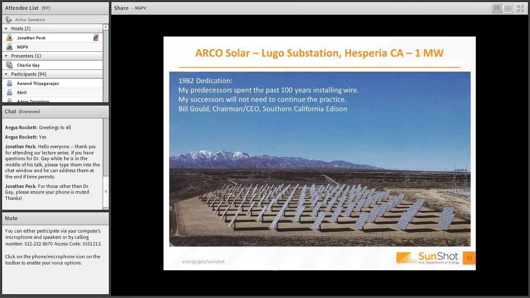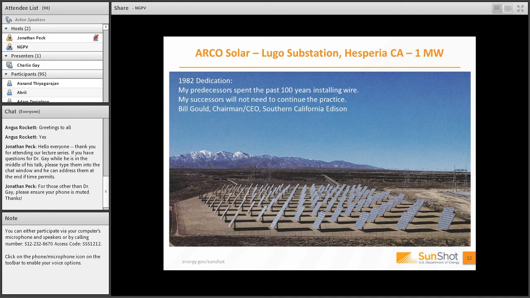And you can see the scale goes on today. The biggest event in Arco Solar's evolution was building the first power plant for grid support. This 1 megawatt installation was completed in 1982. And off on the right-hand side of the picture, not completely visible, is a Southern California Edison substation called Lugo.